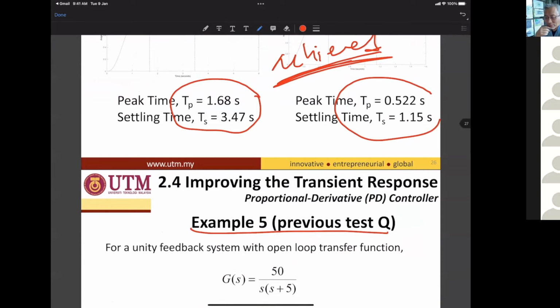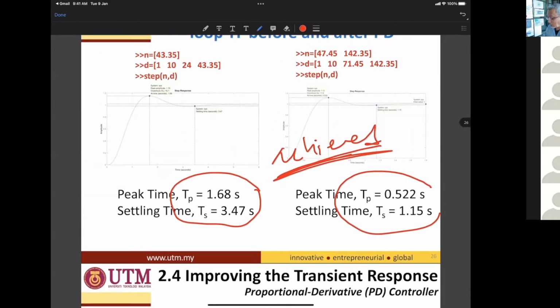Saya kurang faham soalannya. Contoh kan, kalau peak time tu tidak menurunkan, kita akan buat satu lagi PD kan, satu lagi. Oh, tidak. Bila kau tengok sini, kan? Peak time yang lama 3.47, peak settling time, peak time yang lama 1.68.